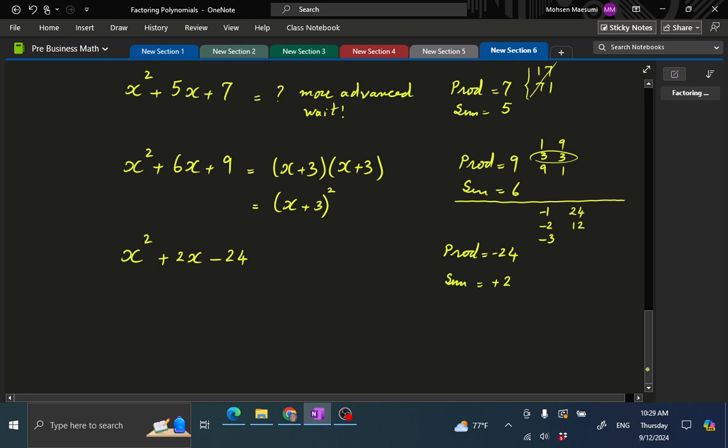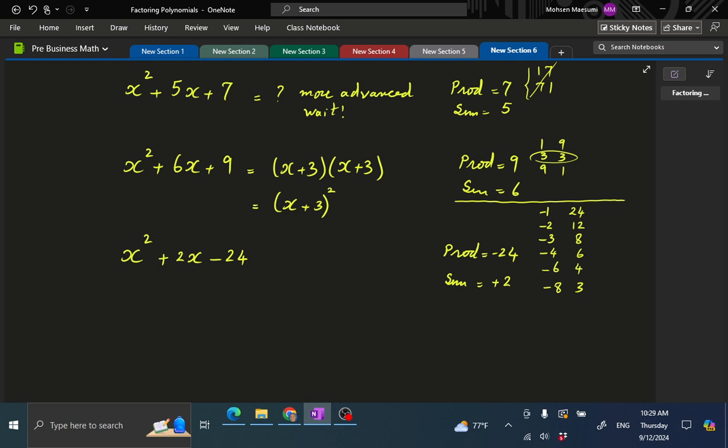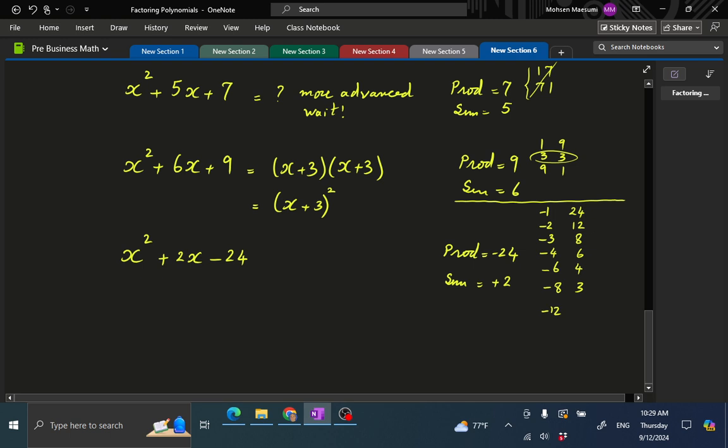Of course, minus 3 and 8 is another choice. Minus 4 and 6 is another one. Then I have minus 6 and 4, and then minus 8 and 3. You see that these are just those numbers with signs reversed. And then I have minus 12 and 2, and minus 24 and 1.